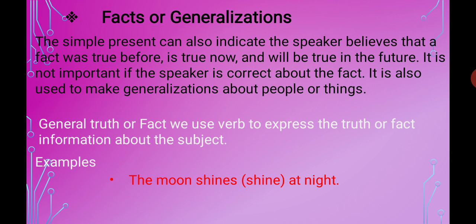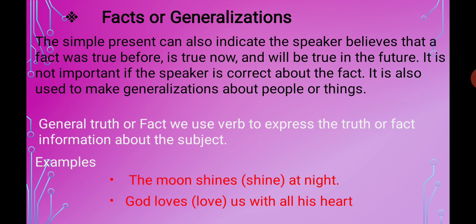It is a fact, a truth, but it happens at night only. So all the time we cannot say that the moon shines, right? We have to mention the time with it.